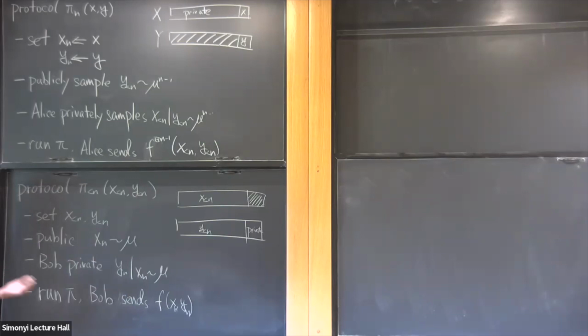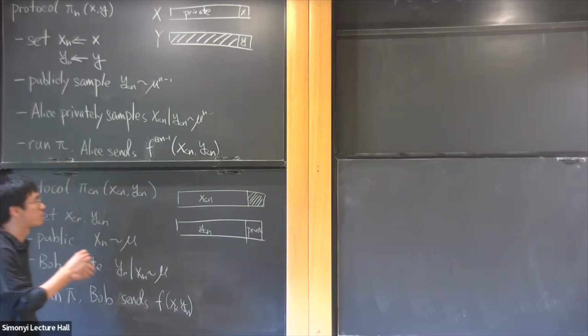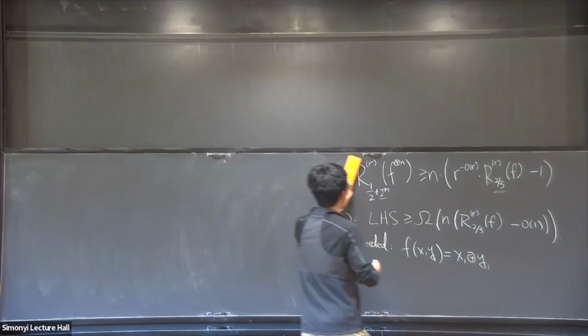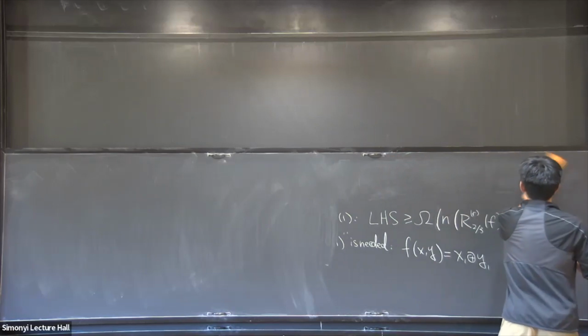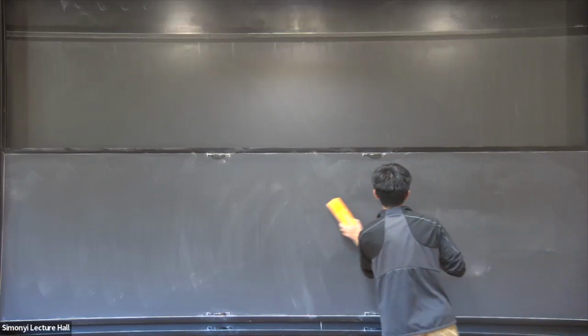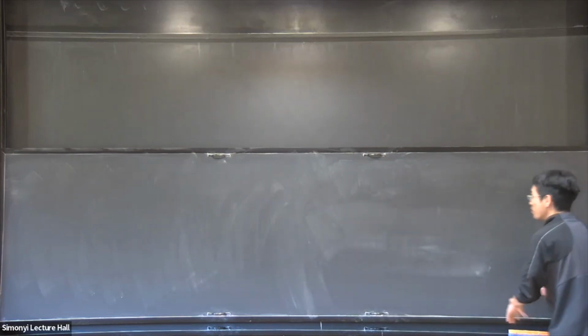So we just view everything as having the same distribution, but in pi we view both big vectors x and y as the inputs and the communication as the communication. And in pi n we just view the last coordinate as the input, and we view y smaller than n plus whatever is used as public randomness in pi as the public randomness, and so on. So it's useful to view all three as the same distribution, where different random variables are called inputs or public randomness and so on.